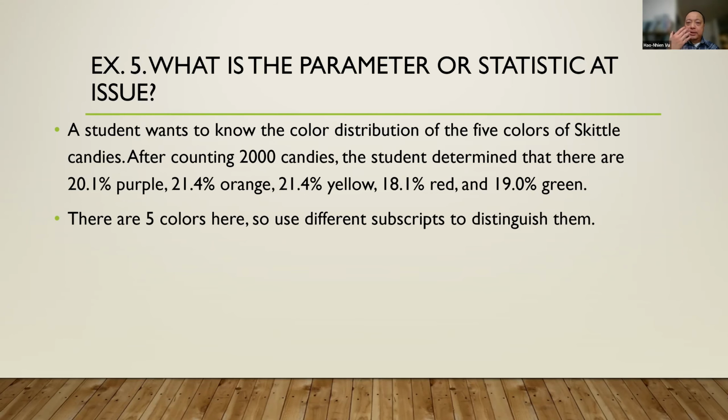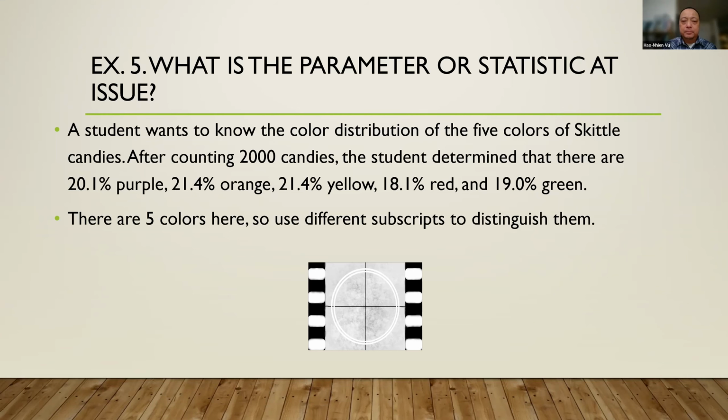For this one, there are 5 different colors, so you will need to use different subscripts to distinguish them. You actually use the color name as subscript, so subscript purple, subscript orange, or you can number them, 1 for purple, 2 for orange. But if you're going to use numbers, you have to explicitly write down what 1 stands for and what 2 stands for, etc. All right, go ahead.